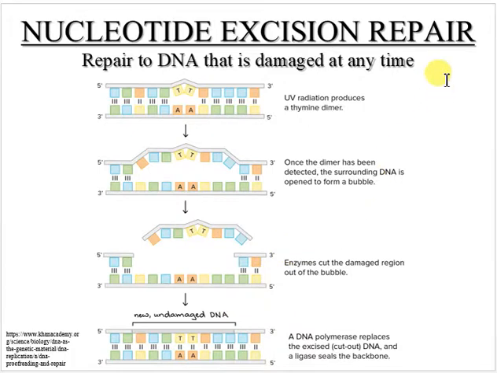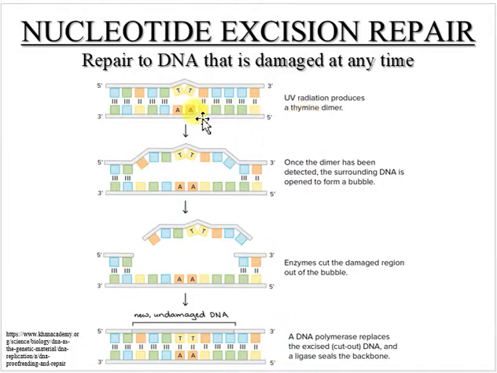So then there's nucleotide excision repair. This was one that I mentioned just a couple of slides ago, talking about the direct reversal repair systems. This is often caused by sun exposure, right? This is triggered by your UV radiation. Here, UV radiation causes thymines in the DNA to covalently bond at nitrogenous bases, and this produces something called a thymine dimer.